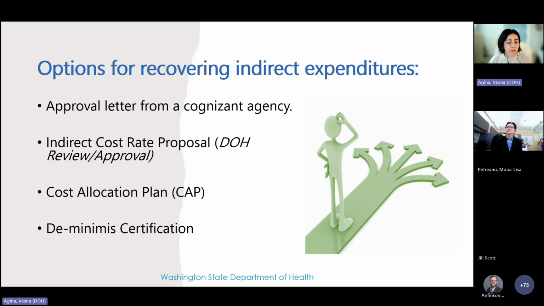And also that rate could potentially be used for other contracts, let's say if you have a contract with the Department of DSHS or the Department of Commerce or whatever, they could potentially also honor that rate. They're not required to because it's not a federal rate, but in many instances they will honor the rate that's approved by DOH.